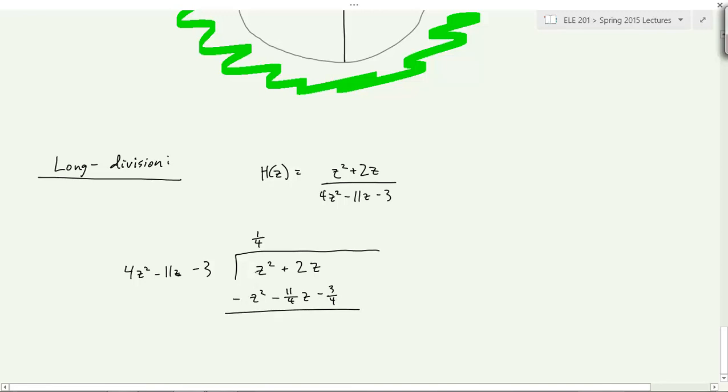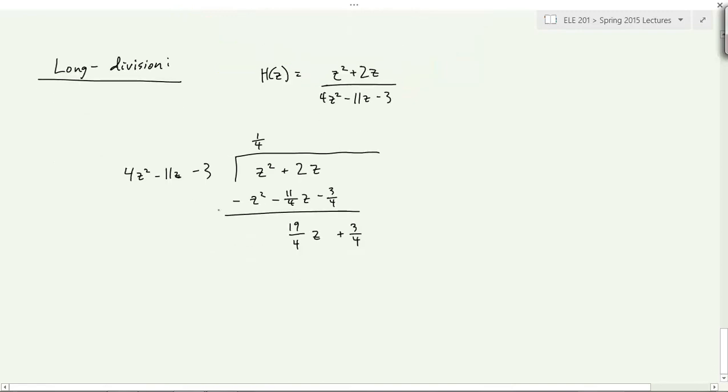So those first parts cancel as I designed it to do, and we get 19/4 z plus 3/4. That's the new numerator. Then I do the same step. I say, what do I multiply here? Well, I multiply by 19/16 z inverse. If I multiply this polynomial by that number, then I'll cancel this largest term.